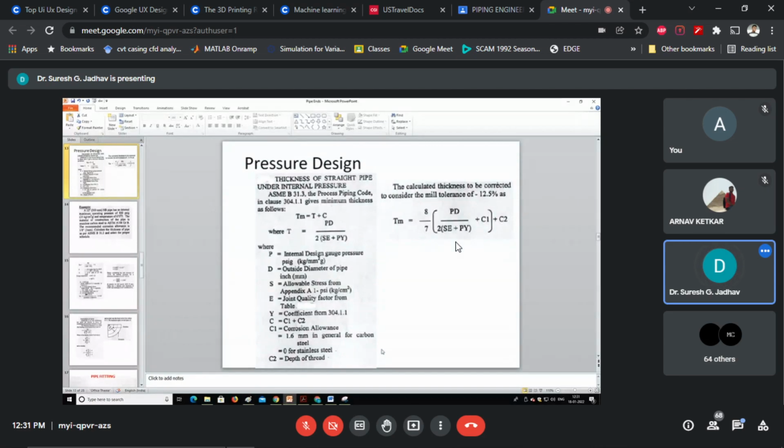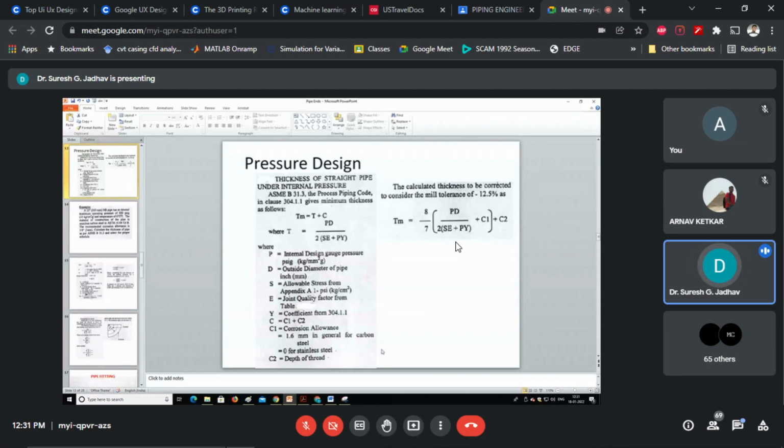Then we add C1 and C2. C1 is the corrosion allowance, that is 1.6 millimeter, general for carbon steel, CS. If you consider stainless steel, there is no corrosion allowance. And C2 is the depth of thread. So we find out all the parameters.